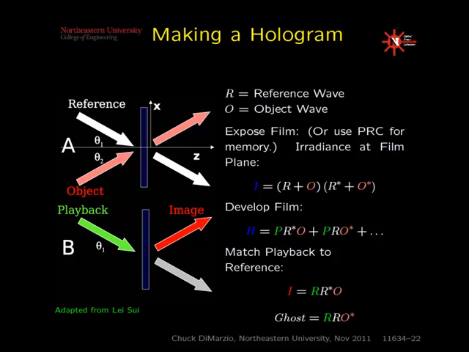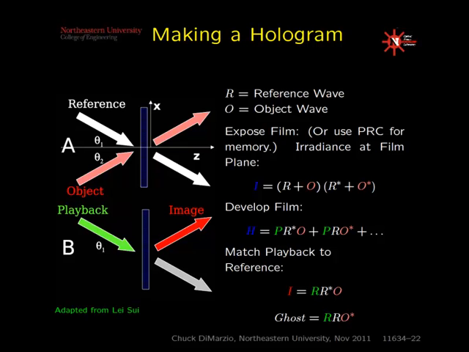The interference pattern is the irradiance, the sum of the fields squared, I should say. And that irradiance exposes the film, or in this case, sets the index of refraction of the photorefractive crystal.